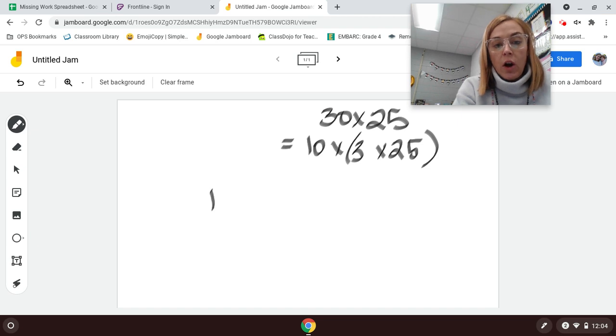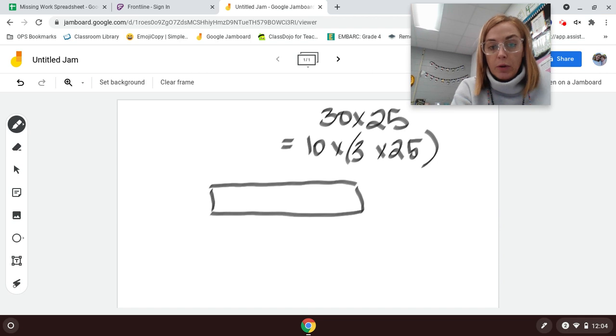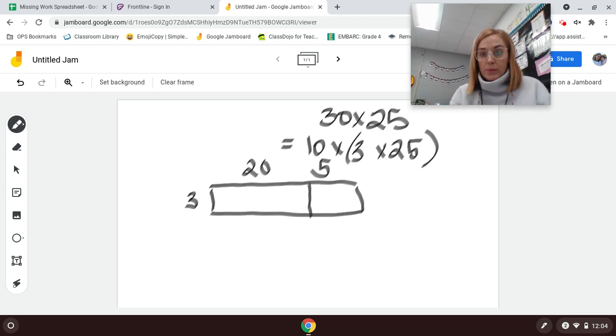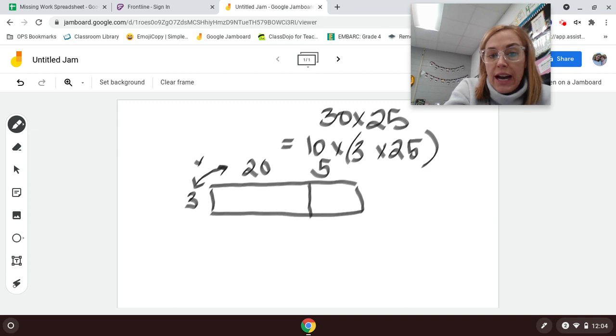So I know to draw an area model. Let's refresh our memories here. To do an area model, we would do 3 on this side, and then look, we can even go in and break 20 and 5 apart, and this is what we did with area model multiplication before. And then it's kind of like solving with partial products, right? Because we're going to do 3 times 20, and then we're also going to do the 3 times 5, okay? So if I do the 3 times 5 first, I know that's 15.